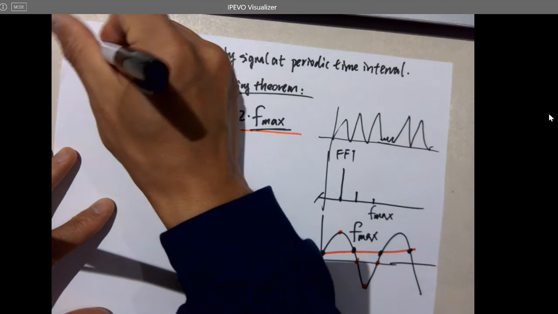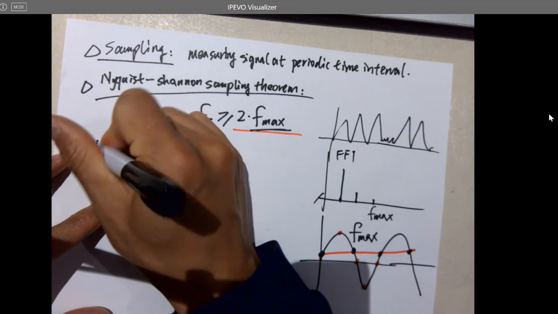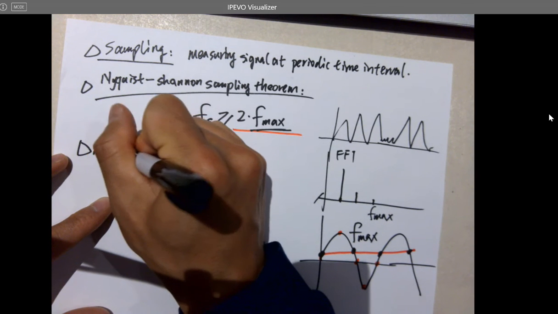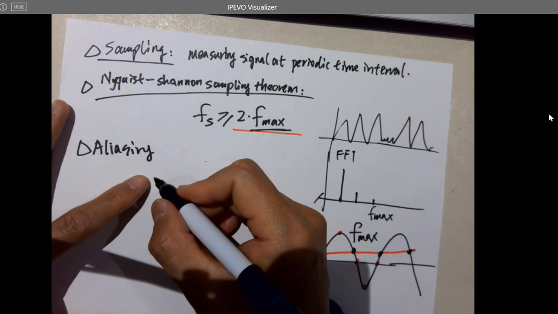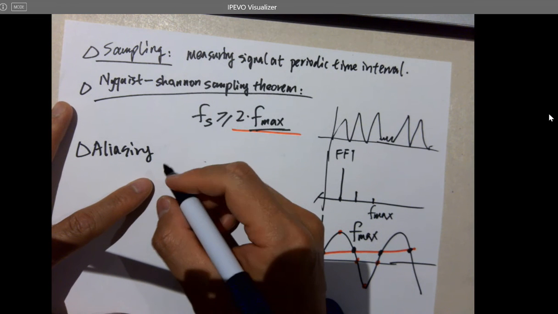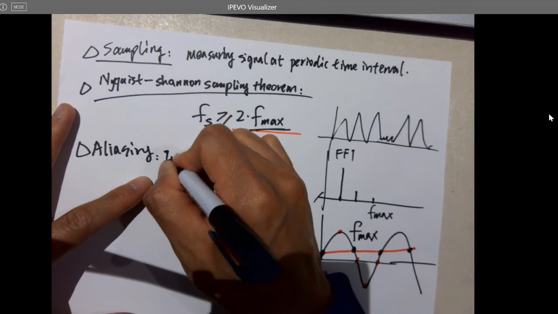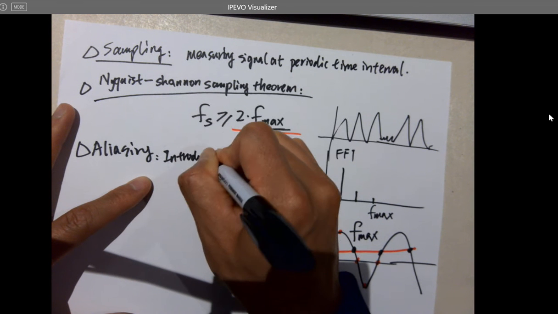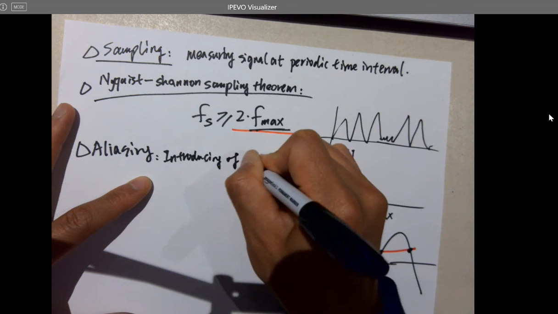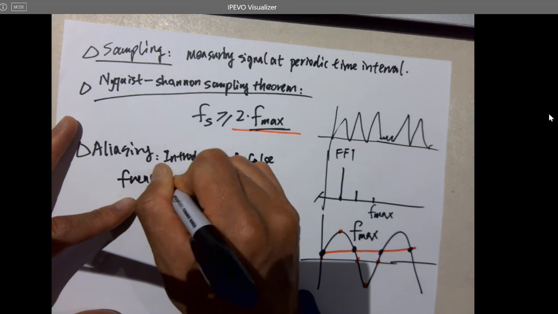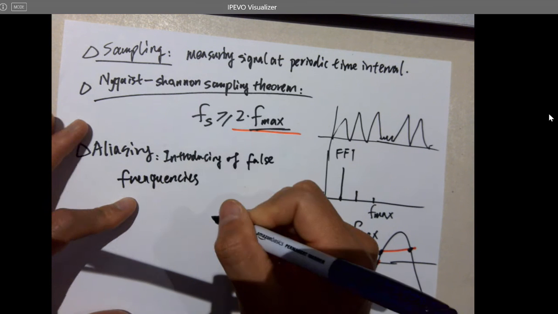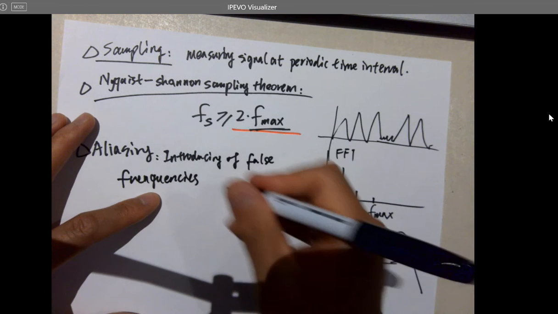Aliasing: the introduction of false frequencies in the process of sampling.